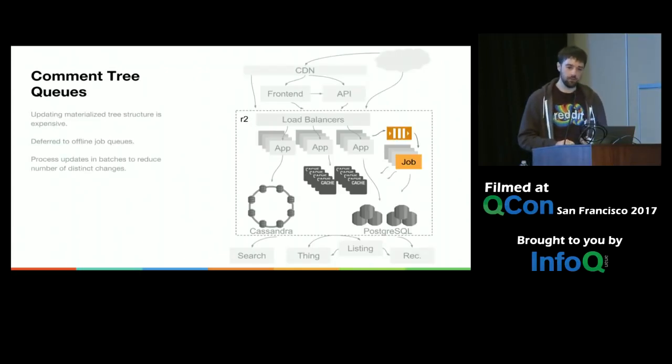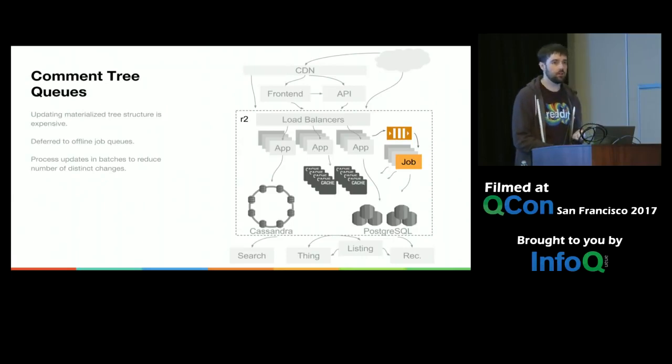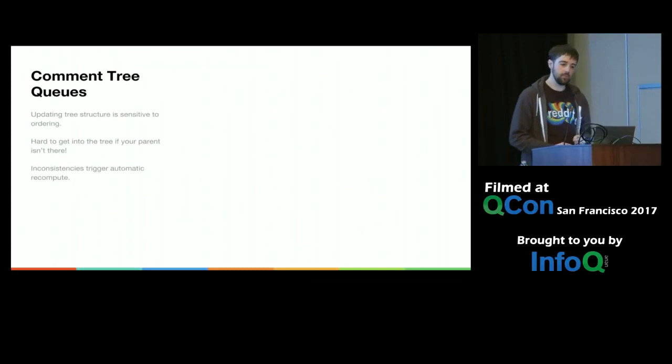This also is kind of expensive to do, so we defer it to offline job processing. One advantage in the comment tree stuff is that we can batch up messages and mutate those trees in one big batch. That allows for more efficient operations on them. An important thing to note is that the tree structure is sensitive to ordering.